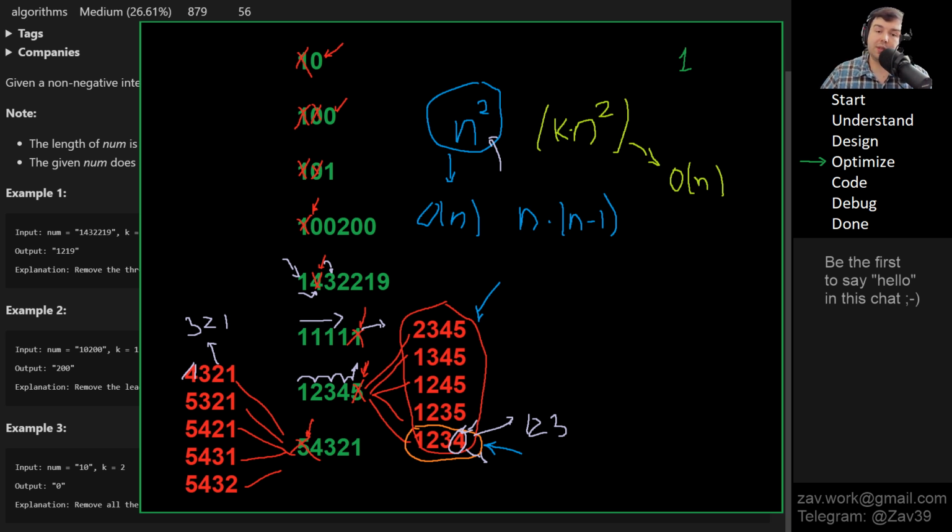With this approach, we will go through our string maximum 2 times, I mean for big K. So if we have 1, 2, 3, 4, 5 and we need to remove 4 numbers, first we go to the last number and then start removing them one by one and end up with just 1.